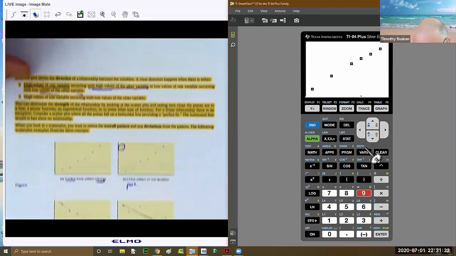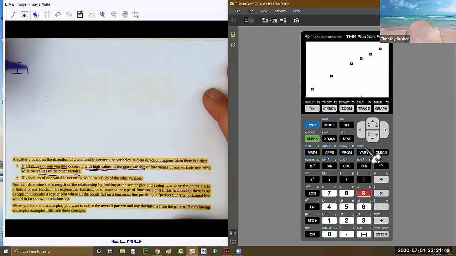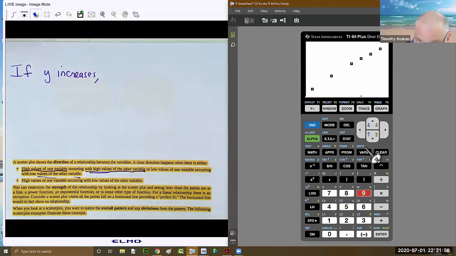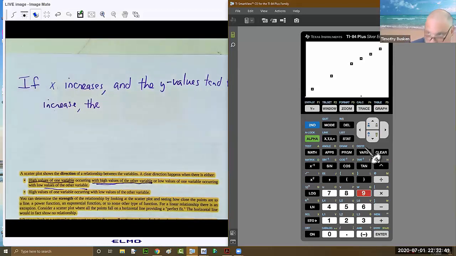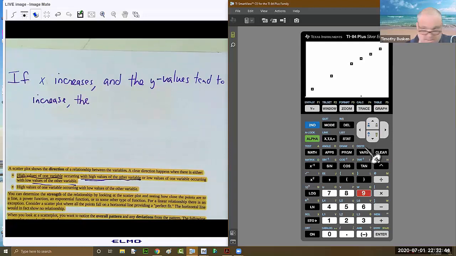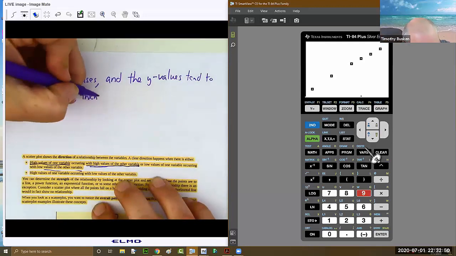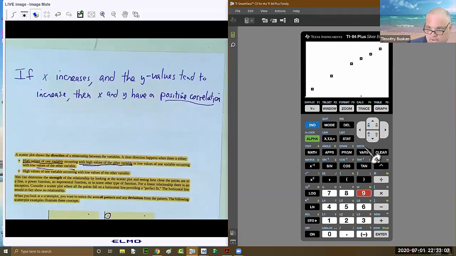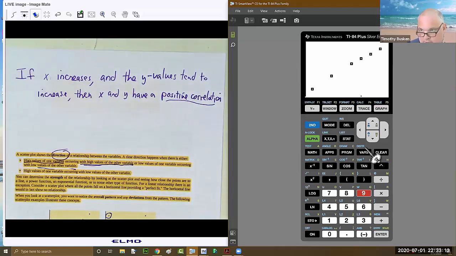Okay, so what I wanted to add on to this was the following. If Y increases when X increases, so if you increase the value of X and you see that the Y values are increasing, then you have a positive correlation, or a positive relationship between the two variables X and Y. And when we say that it has a positive correlation, we're talking about the direction of the relationship between the two variables.